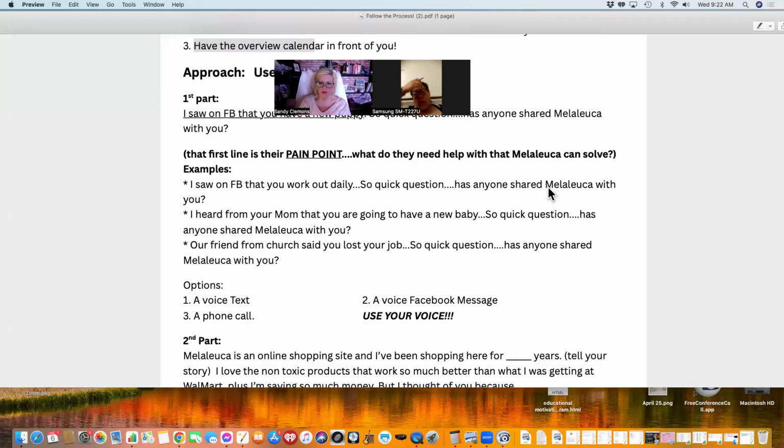Which one do you think is the most powerful? That's a hard one. It would probably be the extra income, but I would think it would be the eye health because she's got an eye thing going on.